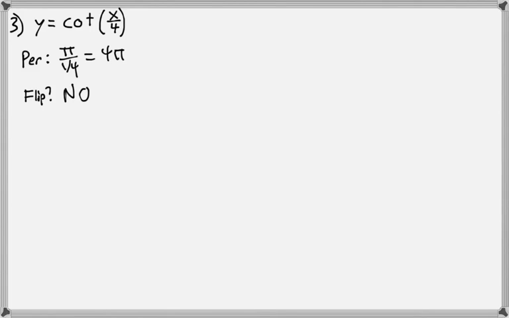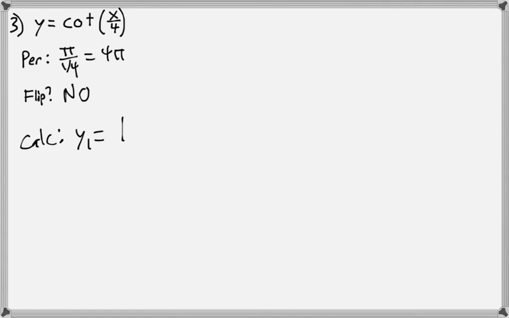So if I graph this on my calculator, I want to type in y1 is equal to, I don't really have a cotangent button on here, but I do know that the cotangent is the reciprocal of tangent.